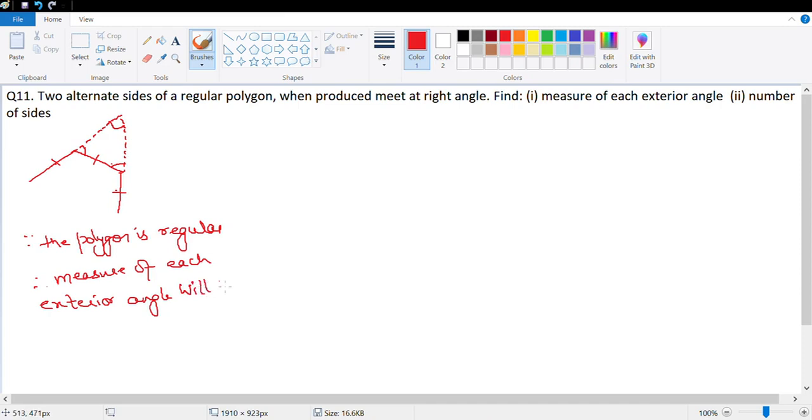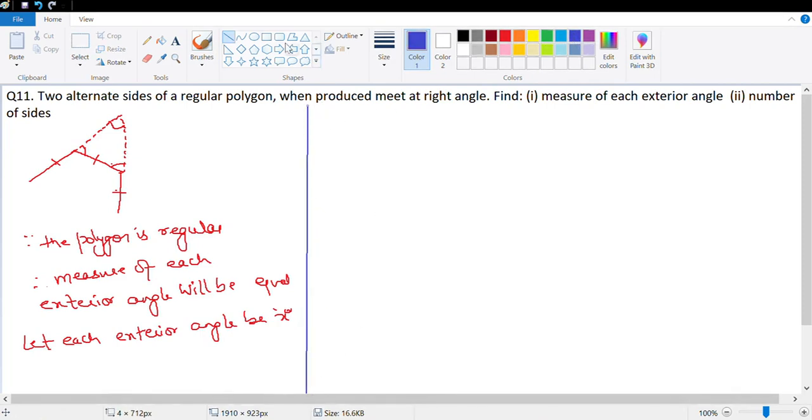So each exterior angle will be equal. Let each exterior angle be x degree. So I've taken measure of each exterior angle as x degree, and let's see what we get. So let's name them A, B and C.